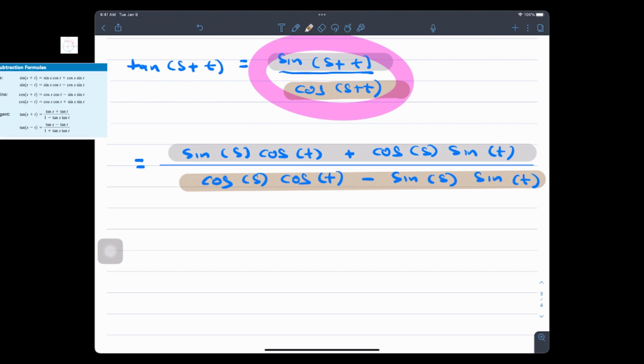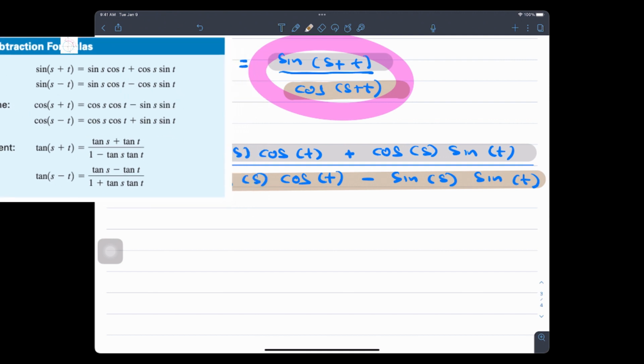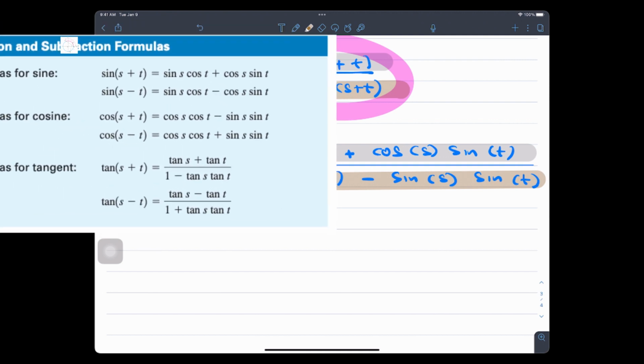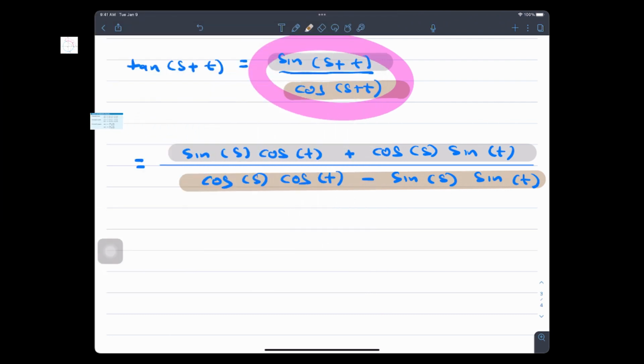Now, here's what I'm going to do here. You might say, well, how do they get what they have here for tangent of the sum? They got tangent of a sum. How did they get this? Well, here's what they did. I'm going to try to see if I can do this here.